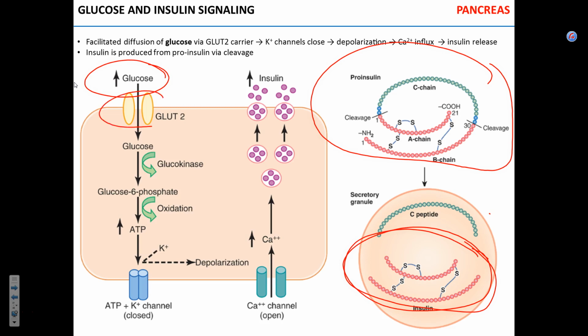Turns out there is a carrier called GLUT2. So glucose uses this carrier and enters beta cell. Now, when glucose is in the beta cell, its levels in the beta cell go up.